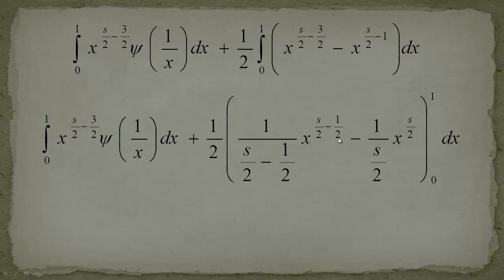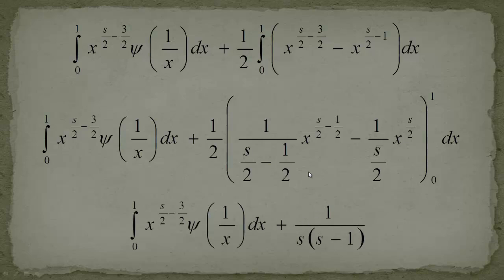For the lower boundary 0, these guys will become 0. And if we plug in 1, we get 1 over s over 2 minus 1/2 and 1 over s over 2. And if we multiply this 1/2 in there, we get 1 over s minus 1 minus 1 over s. And if you just bring these both fractions together, you will have this guy here, 1 over s multiplied with s minus 1.